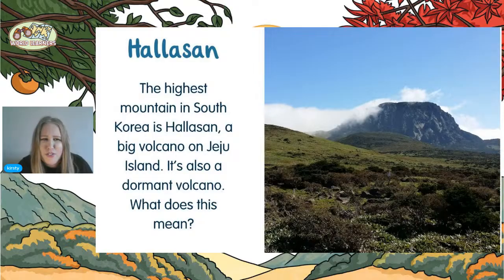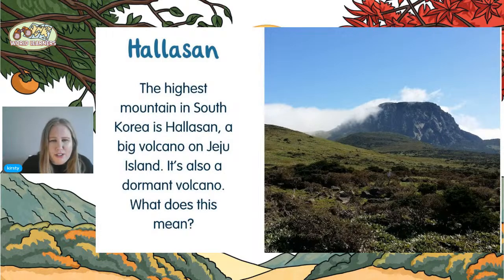Any ideas? I'll give you a moment to think about it. We heard that word before. Yeah, Ezra, yeah, another way of saying it's sleeping. It's not erupted for a while. It's inactive, hasn't erupted for a long time, Arthur. Yeah, not active anymore.